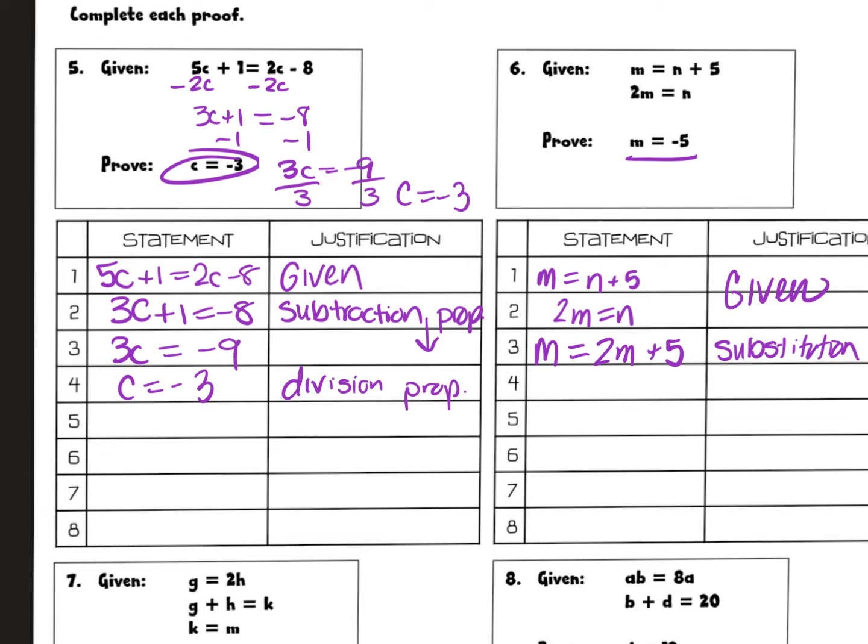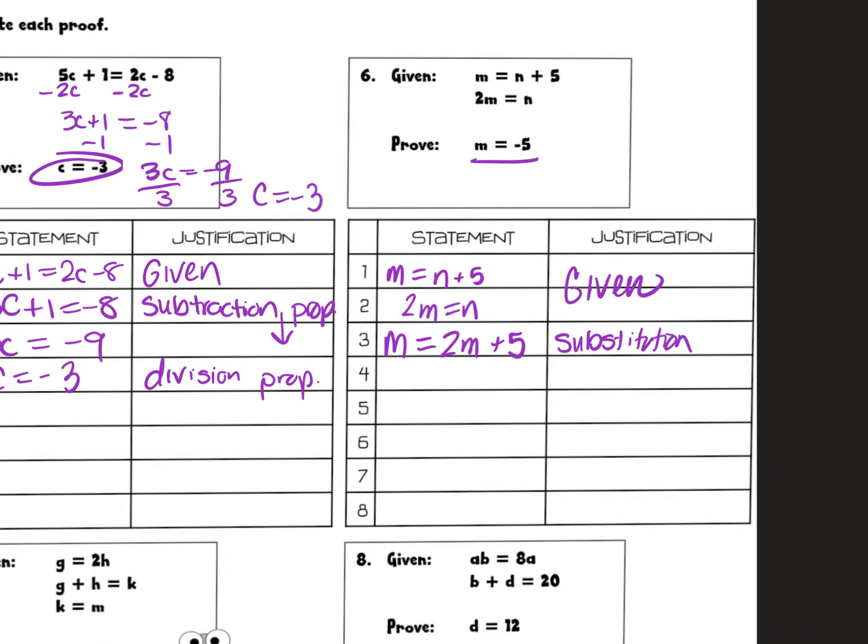Okay, so now I'm going to kind of work off to the side over here. Right, because like I said, I like to work them out over to the side so I have room to recognize what my steps are. So I'm going to move my 2m over, which will give me negative m equals 5. And that was subtraction.